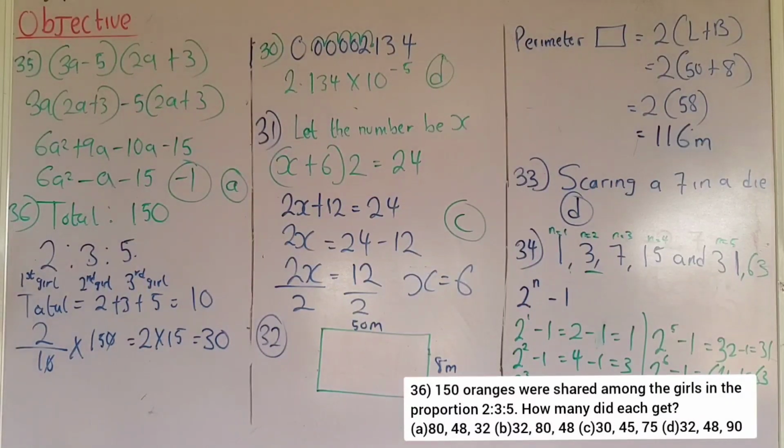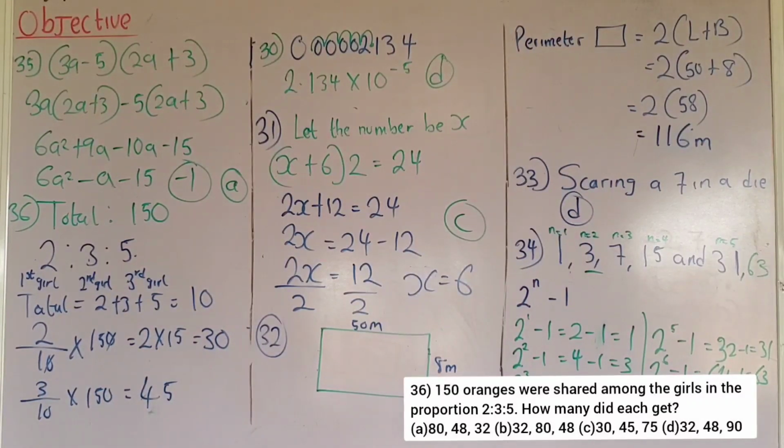Now let's calculate the number of oranges received by the second girl. We bring the number that accrues to the second girl, that is 3. So I'm going to have 3 all over 10 multiplied by 150. So here I have 3 times 15, that is 45. So that is 45 oranges.